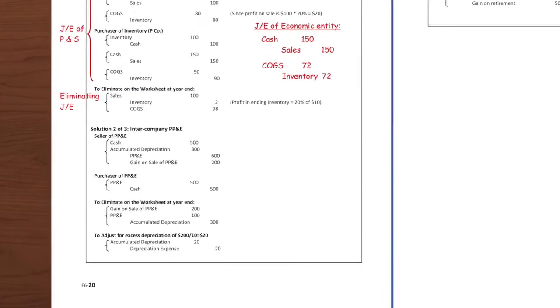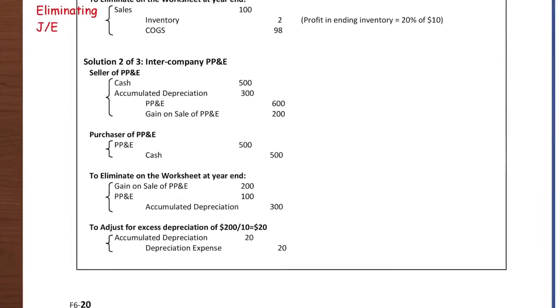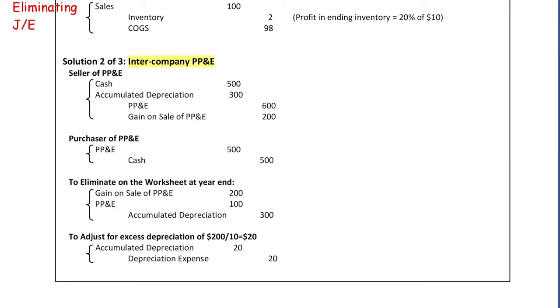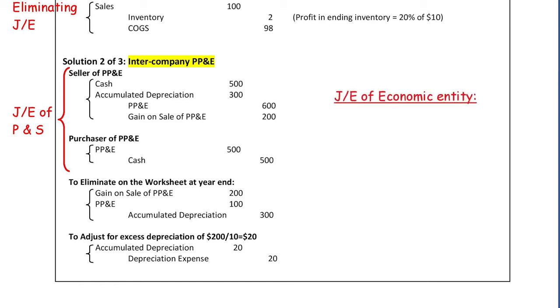Turn to page 20 and on the second half of the page highlight intercompany PP&E. You have the journal entries in the books of the seller and the purchaser. So draw a bracket and write journal entry of P and S in the parent's books and in the subsidiary's books. Make a note there, journal entry of economic entity and write no journal entry because such a transaction is not allowed if it's one entity.